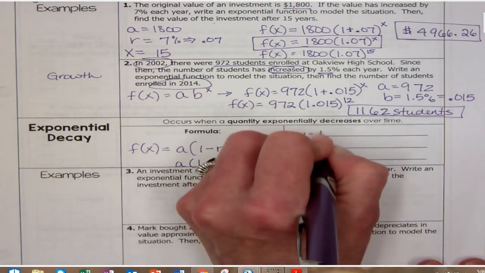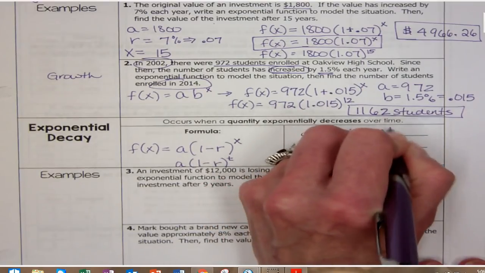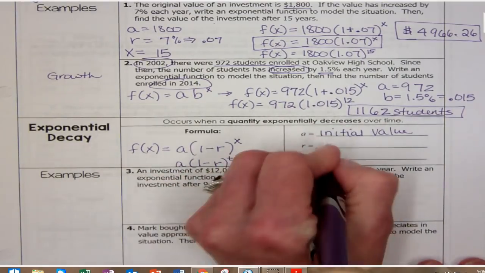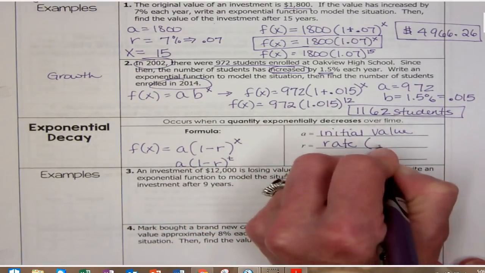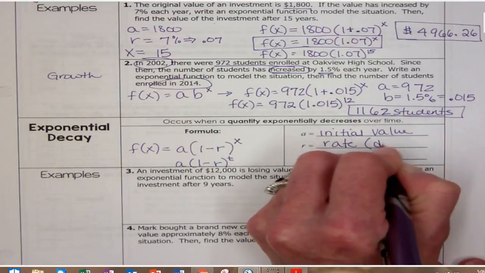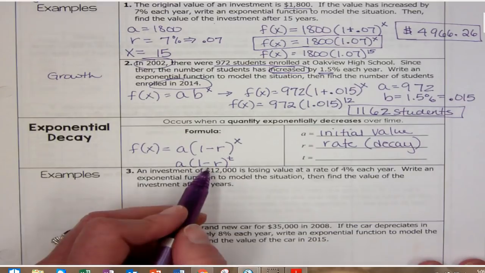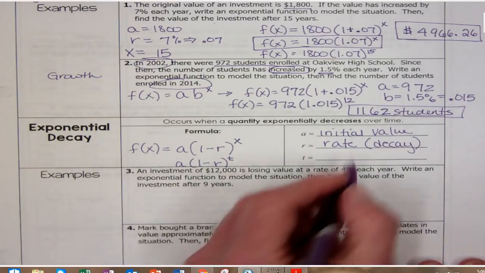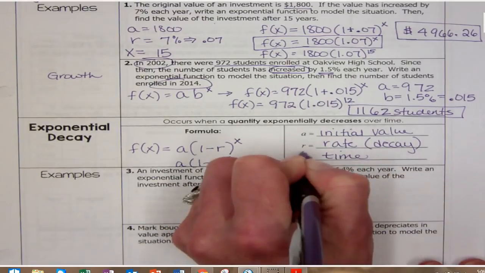A is still your initial value. R is still your rate. And in this case, it's going to be your decay rate, because it's going to be less than 1. And then t is your time, or x is your time.